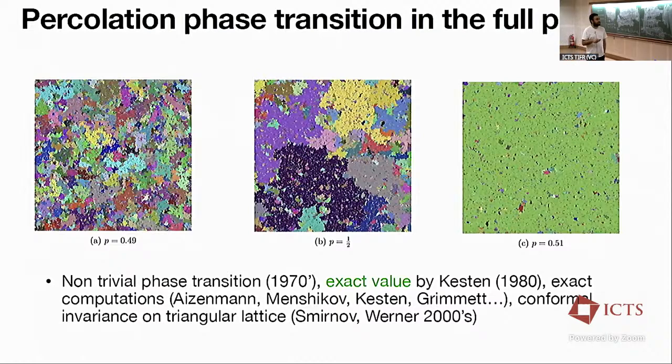Imagine I move a bit from 1/2, say by 0.01. If I move slightly upwards or slightly downwards, I'm going to have very different behaviors. That is an explanation of what happens near the critical point.